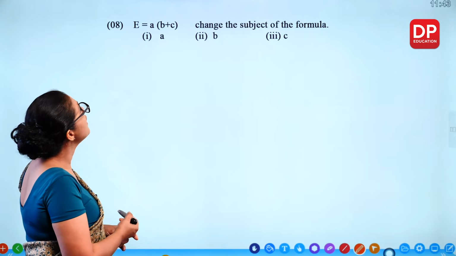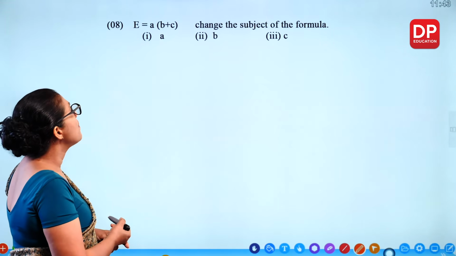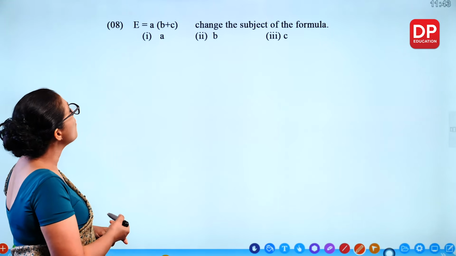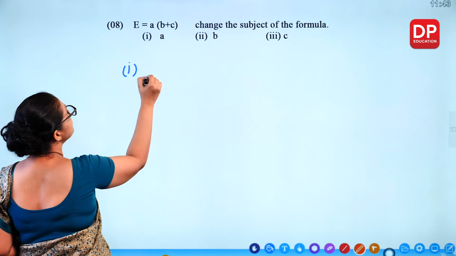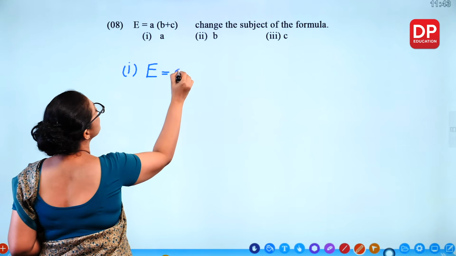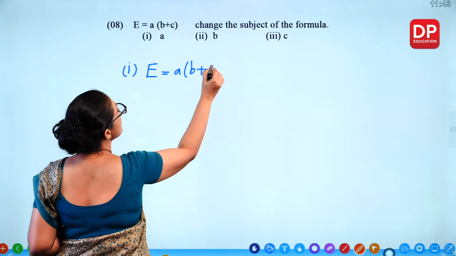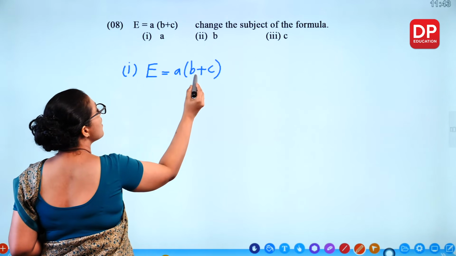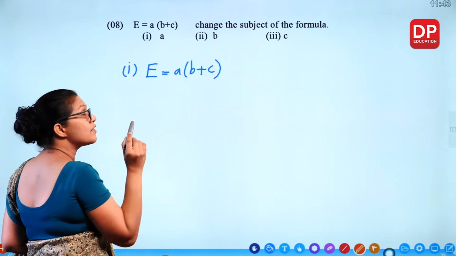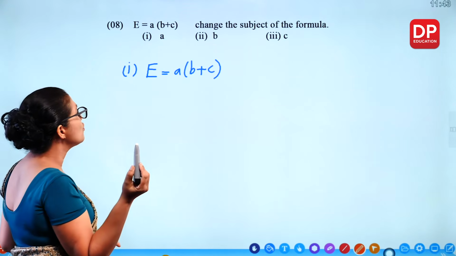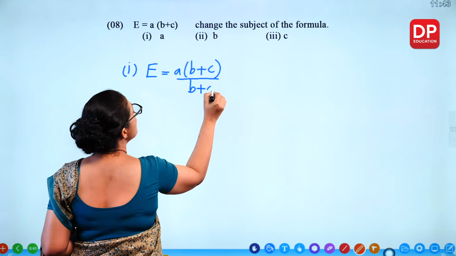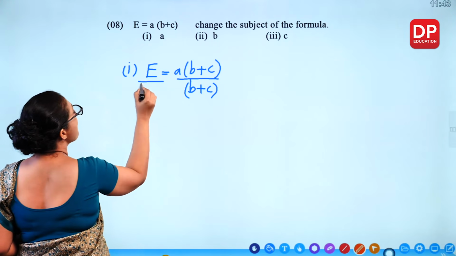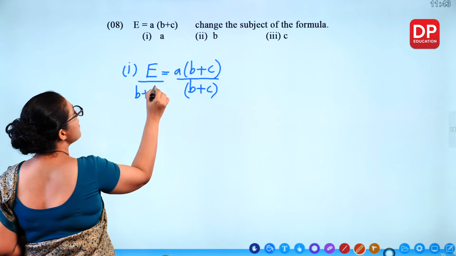Another formula, E equals A into B plus C. Change the subject of the formula to A, B and C. So first one, A. So that means you have to keep this one and you have to get rid of B plus C. This is multiplication. So divide both sides by B plus C. You don't need to expand brackets.